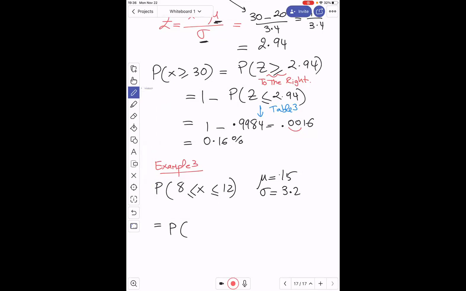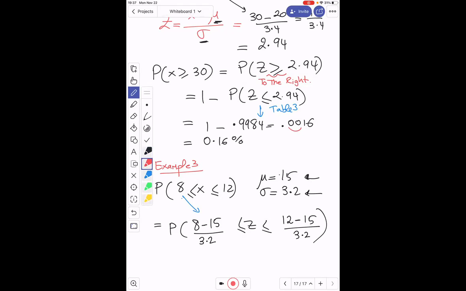So here z is between 8 minus the mean, 15, over the standard deviation, 3.2, and here it's the same thing, 12 minus 15 over 3.2.